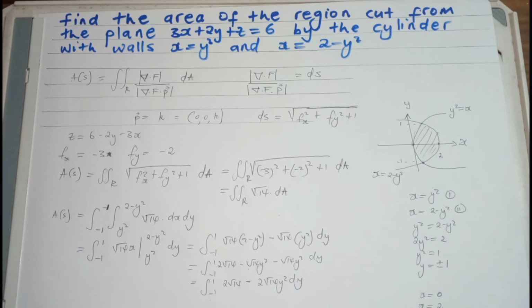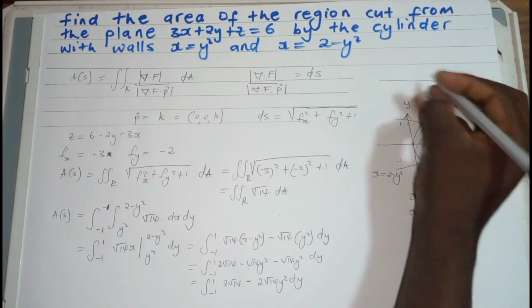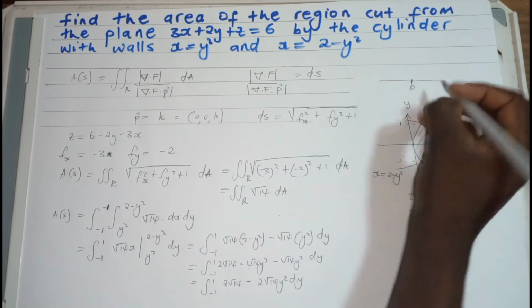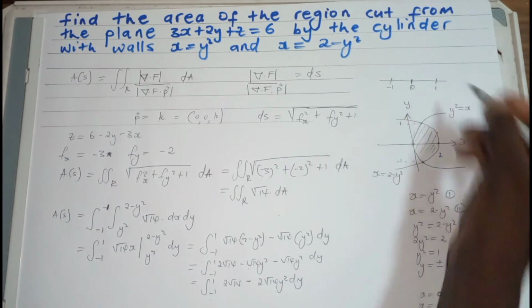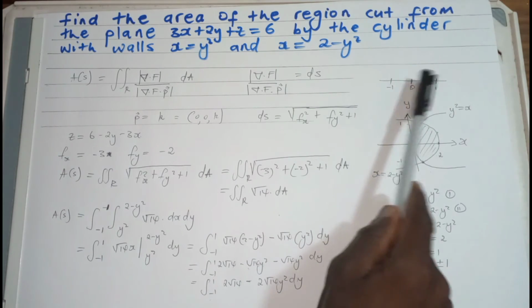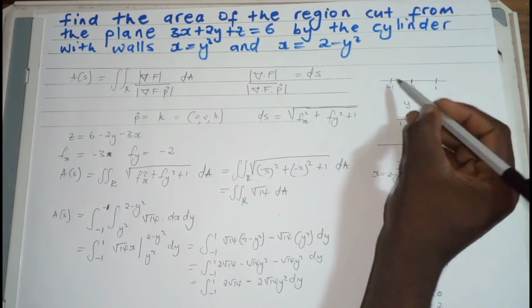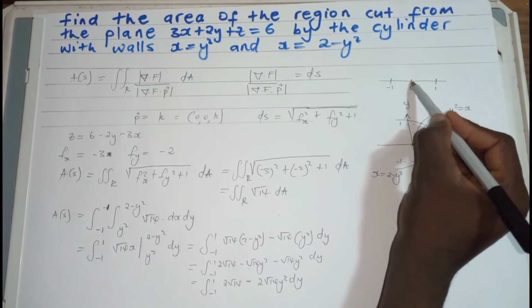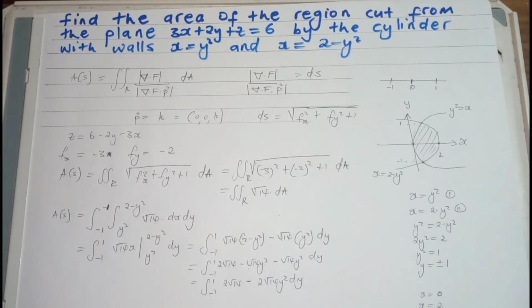The best way to handle that is to draw a line: this point is 0, this point is 1, and this is -1. So this distance is the same as this distance. If I want to find the distance from here to here, I can just take this distance times 2. And if your lower bound is 0, 0 is easier to evaluate than -1.